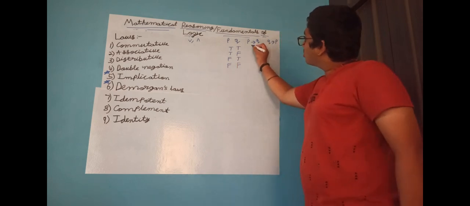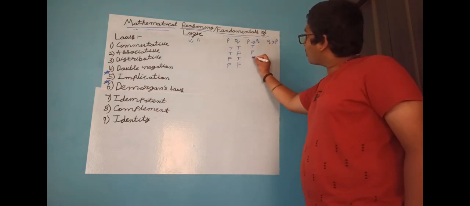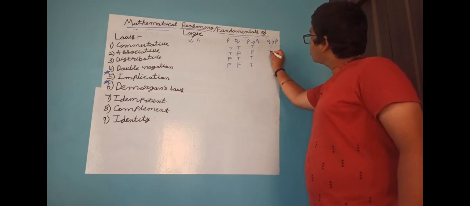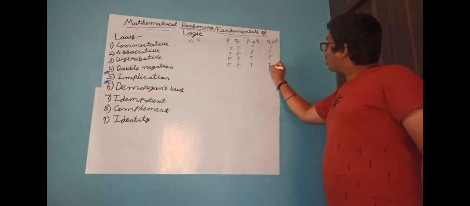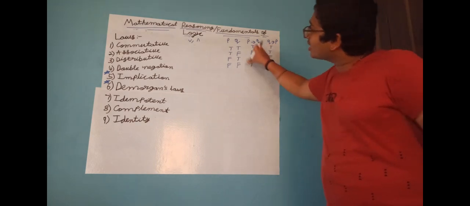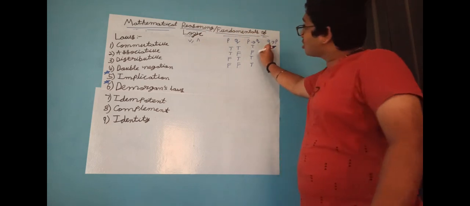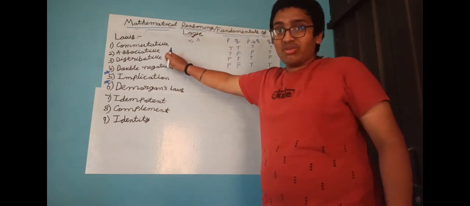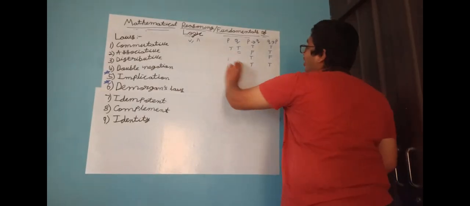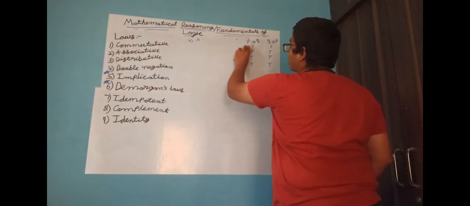If we do like this, we get the values for P implication Q and for Q implication P. So here itself we are saying that it is not commutative. If it is not commutative, it does not even satisfy the associative property. So we are going to work with or and and mostly.